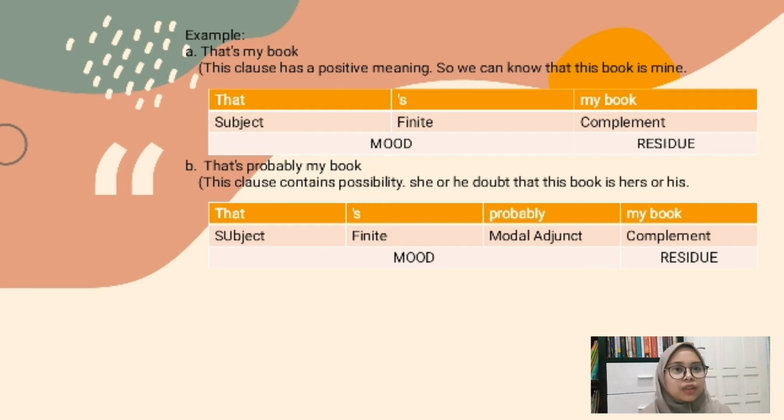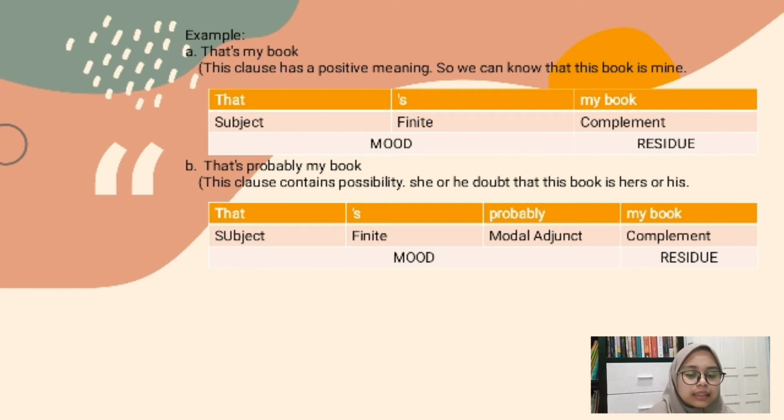For the way of saying modalization in a proposition, here's an example. There are 2 clauses. The first one is that's my book, and the second one is that's probably my book. The first clause has a positive meaning. That means it's really my book, and there's no doubt about it. But the second clause that contains probability has a doubtful meaning, that it can be my book or it's not my book.